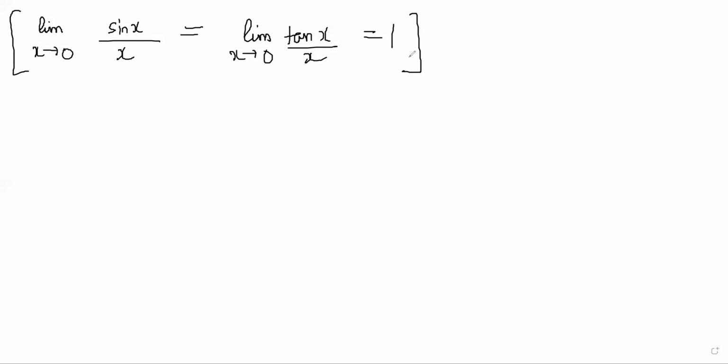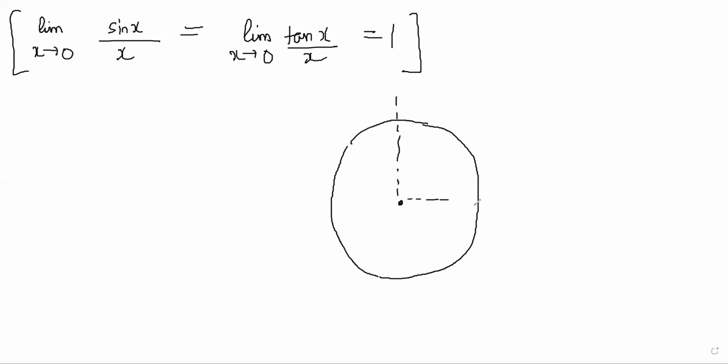Now, how do we prove this? Right now, we'll prove it by geometry. So for example, I will take a circle, and this circle has radius equal to 1. Radius is 1 on this circle, okay? Yes, sir.